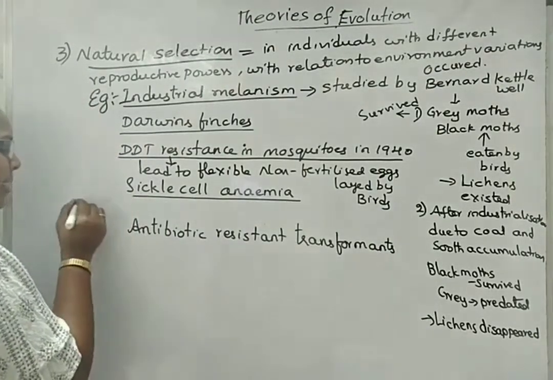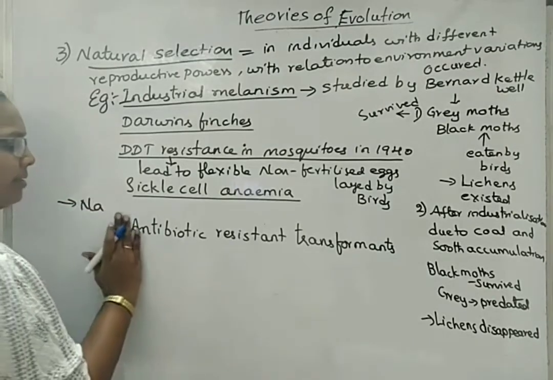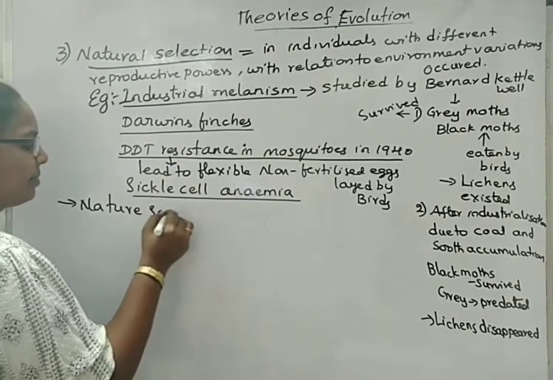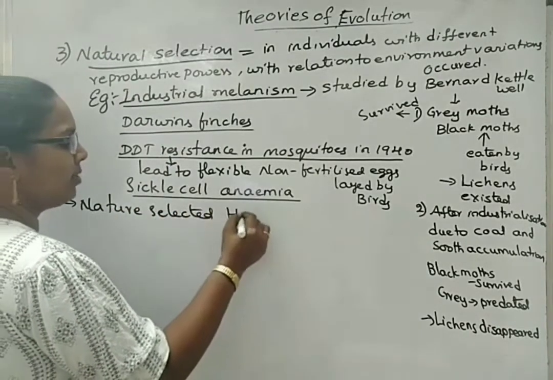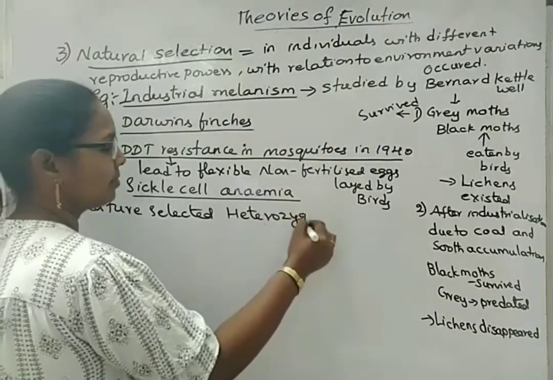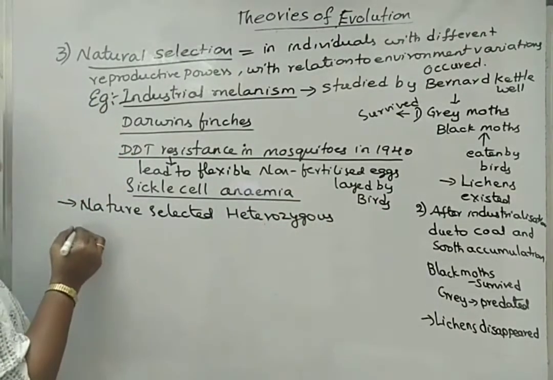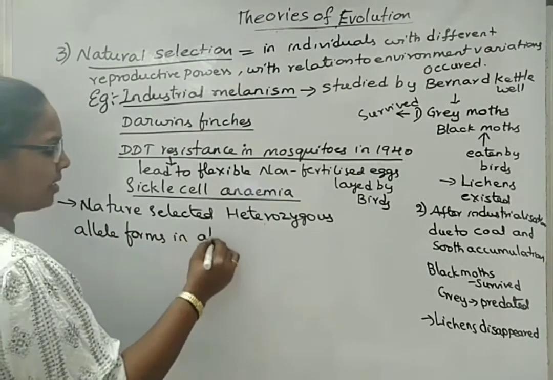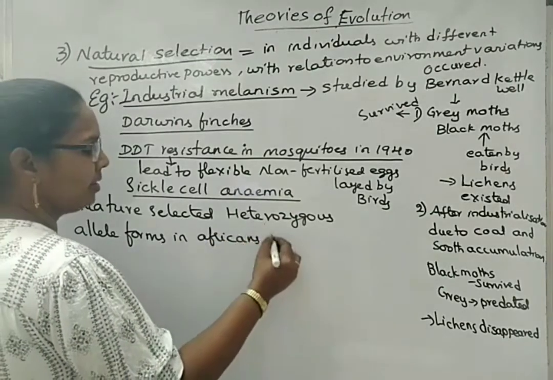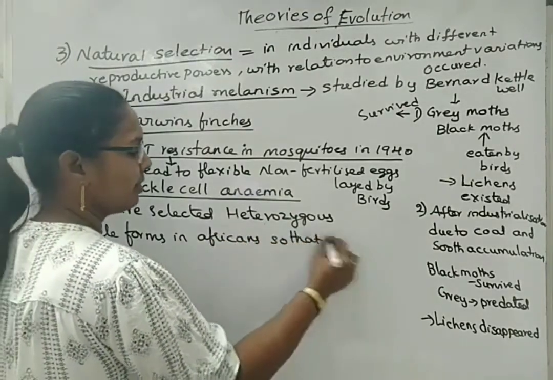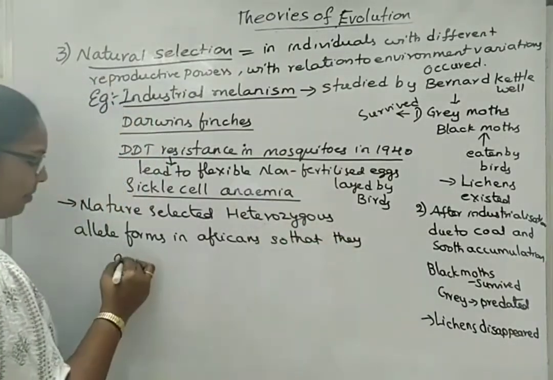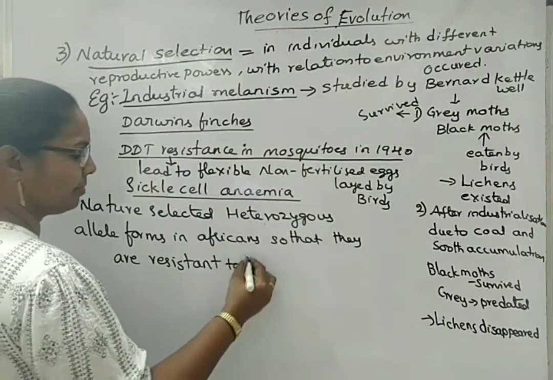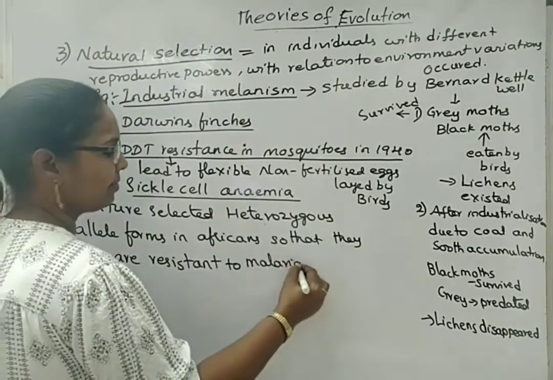So in sickle cell anemia, nature selected heterozygous allele forms in Africans so that they are resistant to malaria fever.